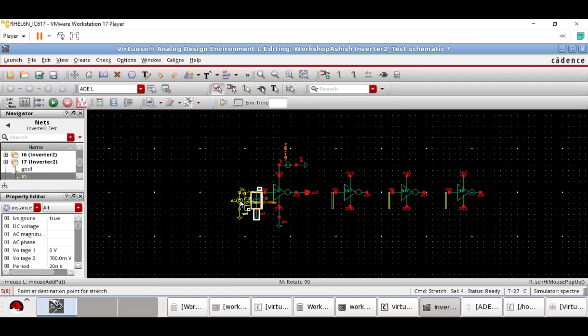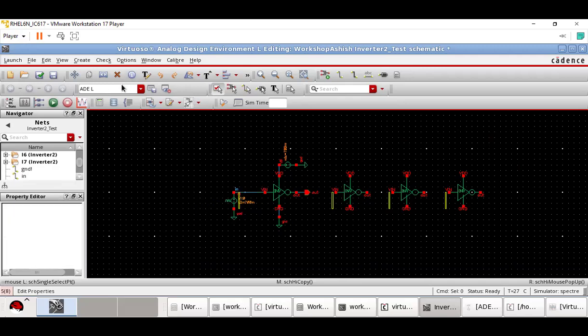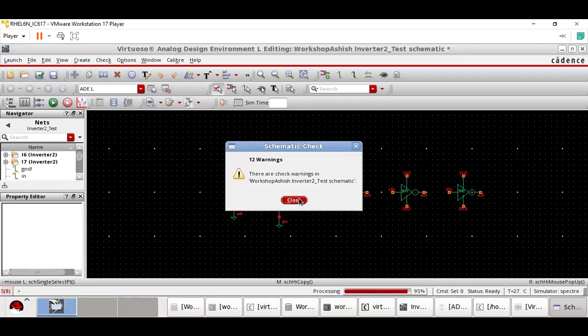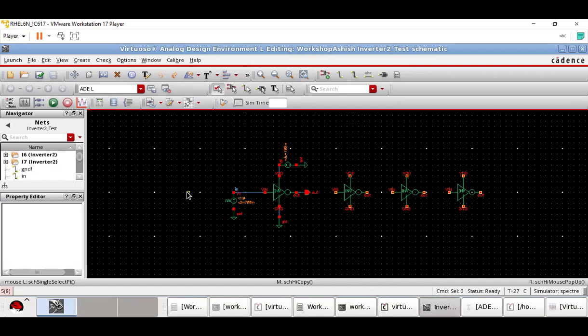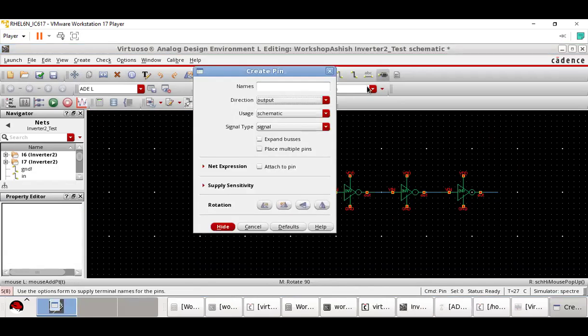Slightly away from it. Now you see, you need to connect them. For connecting them, remove the output from here, connect its output to its input, the output of this to the input of this, the output of this to the input of this, the output of this to the pin.